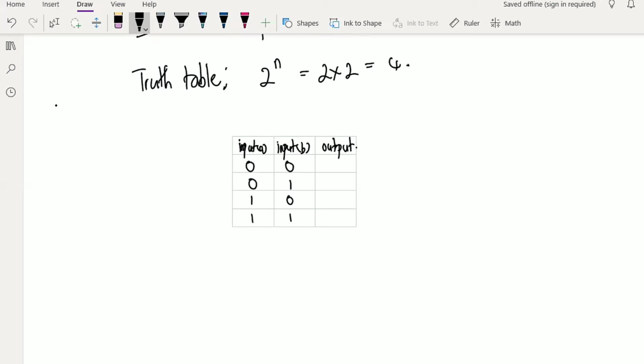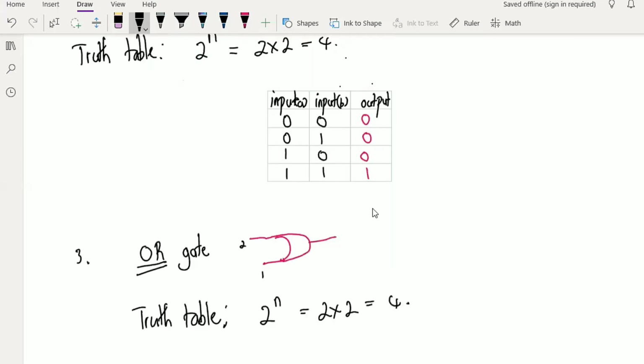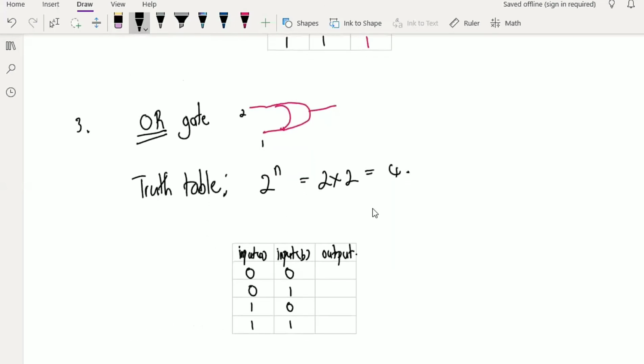All right, so let's look at what happens here for the OR gate. The OR gate says if either one of these two inputs is a 1, then the output is going to be a 1. So if we have a 1 in any one of these, then it's going to output 1.